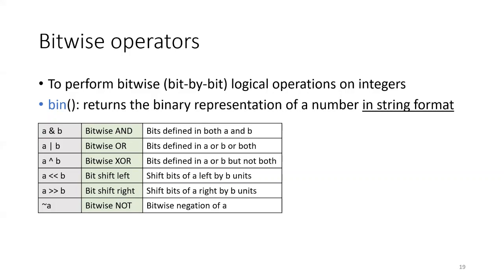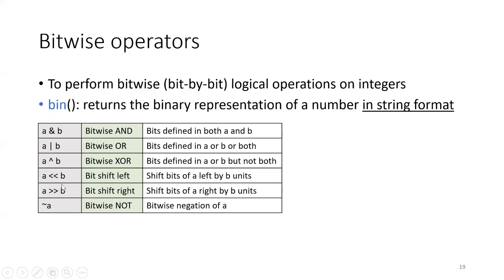And then we have bitwise OR, which does the same bitwise thing, but using the OR operator. Then we have XOR, which performs XOR, and we have two interesting operators which are sometimes used in programming. They are called shift left and shift right.